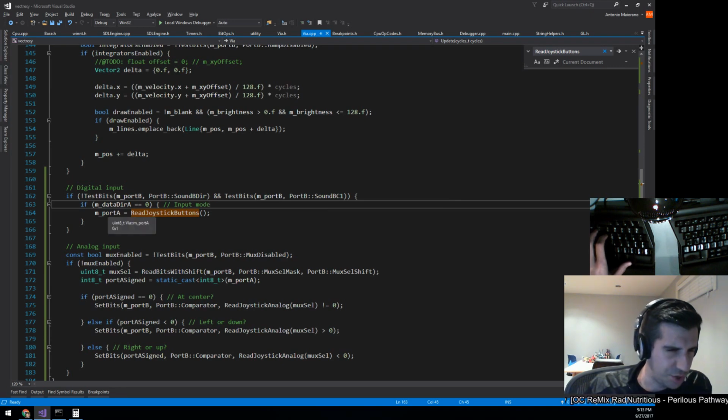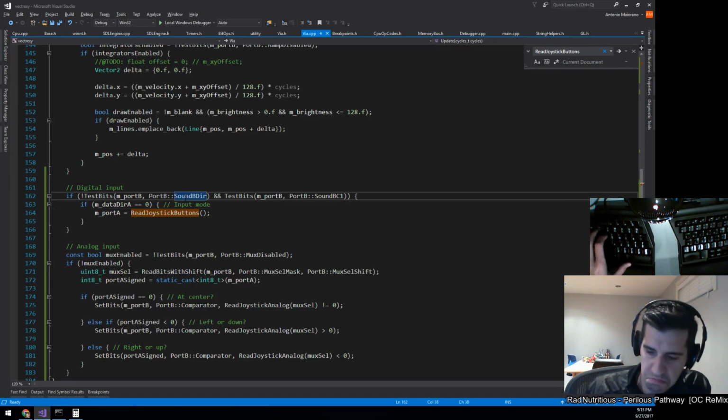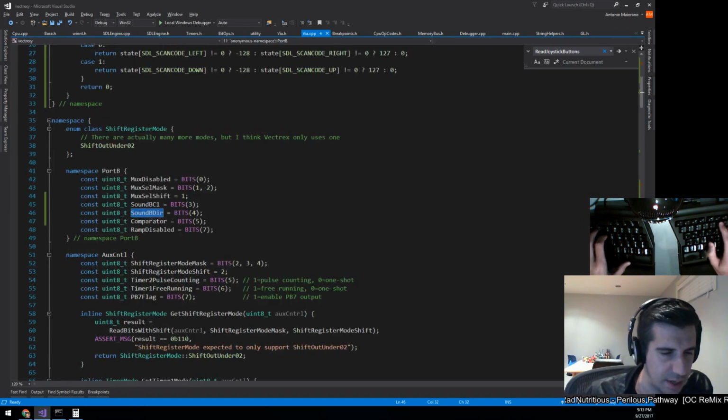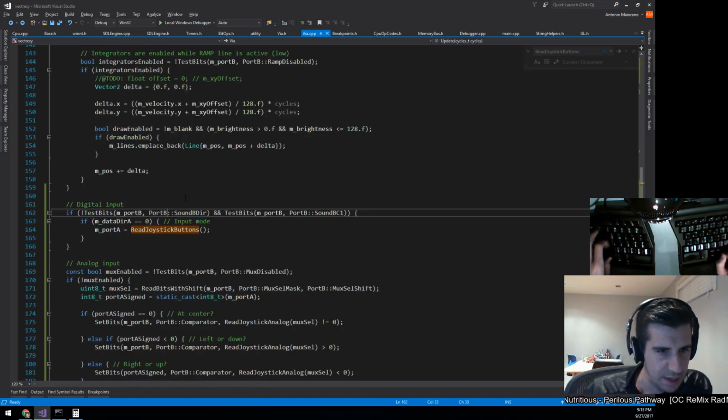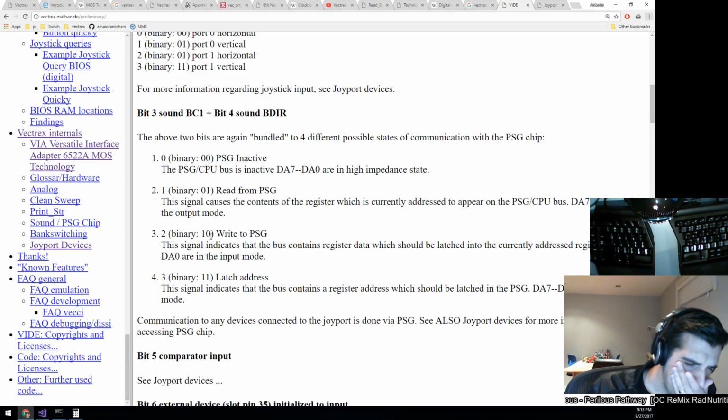Mind you, I'm actually reading here: bit 3, BC1, bit 4, BDIR. I thought that made sense. Bit 3 is BC1 and bit 4 is that. So I'm checking if this is 0 and this is 1. Yeah, so 1 0. I'm not quite sure what the deal is here.